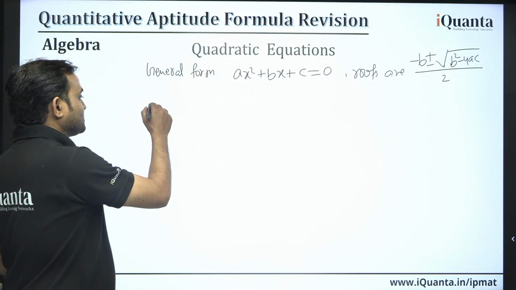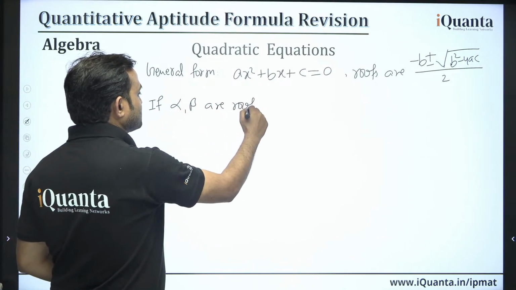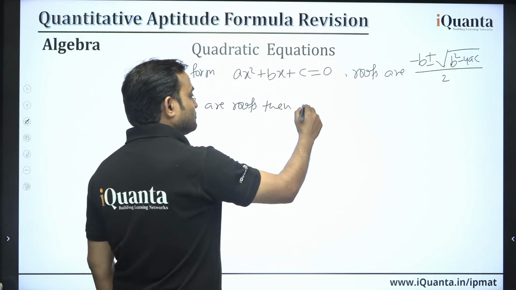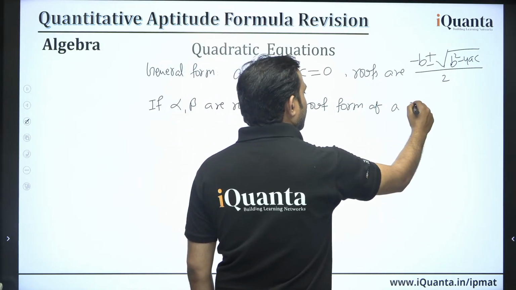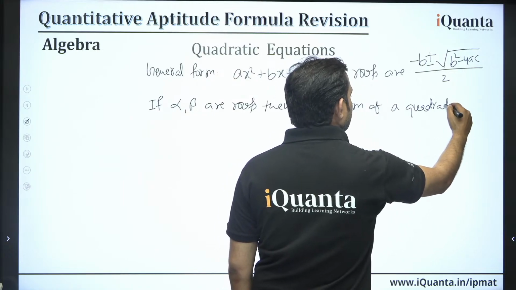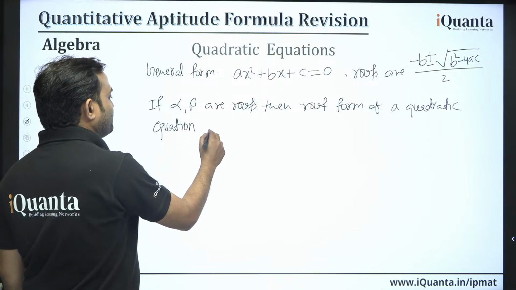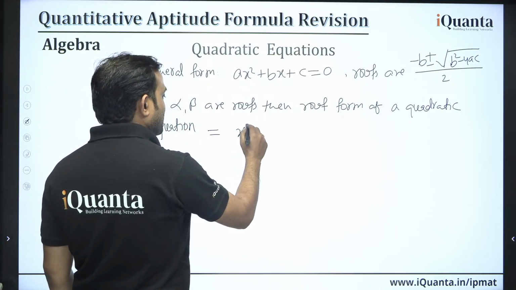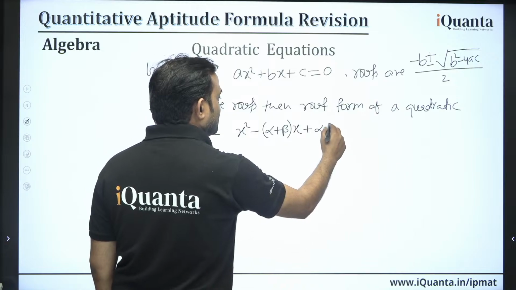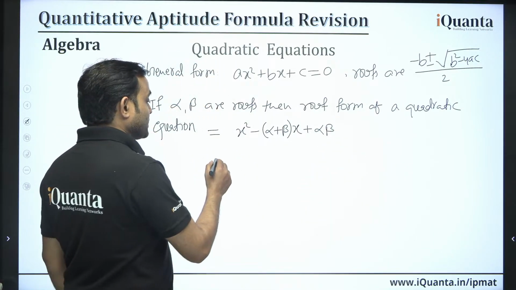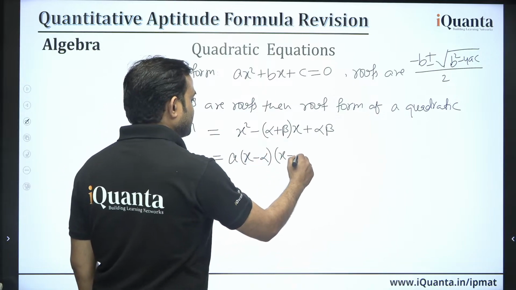And if alpha and beta are the roots, then what is the root form? The root form of a quadratic equation will be equal to x square minus (alpha plus beta) x plus alpha beta, or we can also write it as a into (x minus alpha) into (x minus beta).